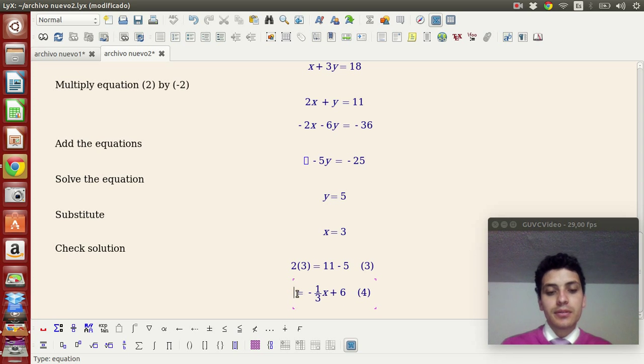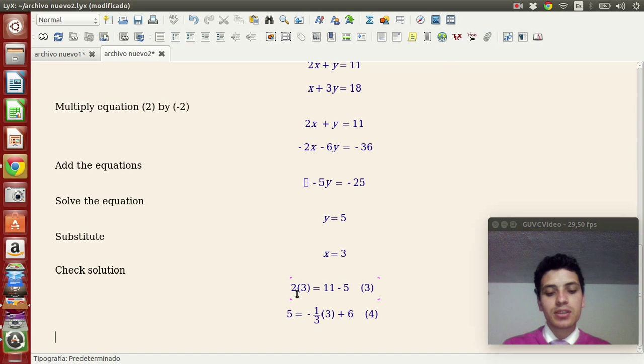And here y is 5 and x is 3. So 3 times 1/3 is 1, so negative 1. 6 minus negative 1 is 5. Okay, and so we have checked the solution.